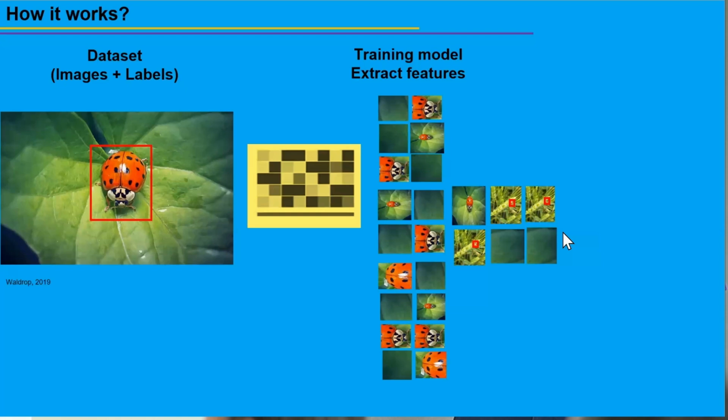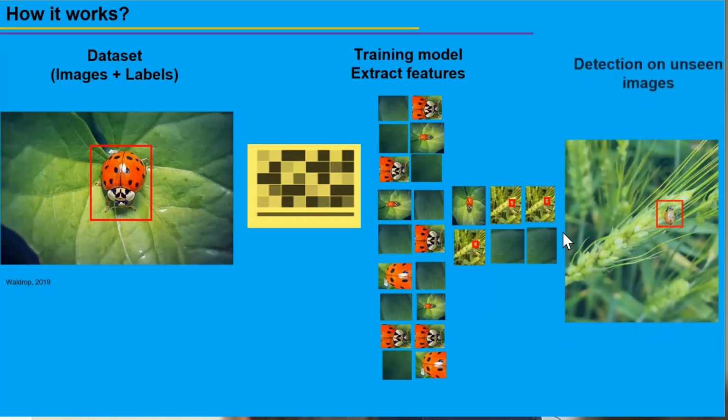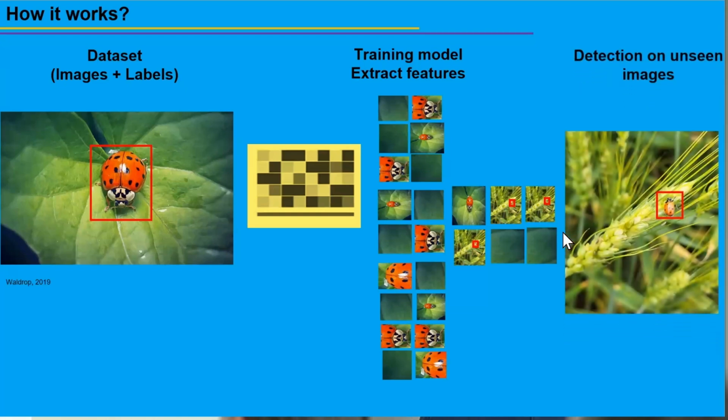At the end of the training, you will have a model that will be able to detect objects in images that you didn't use for training. That is the helpful part about this. You train a model for a specific task, and then it will be able to infer in new images that the model didn't see before.